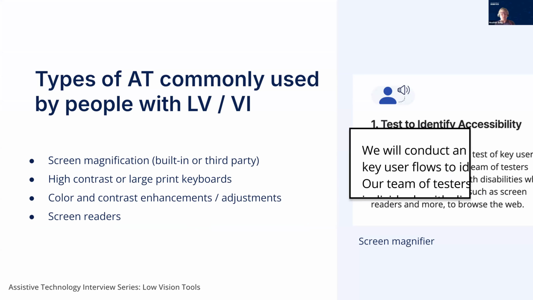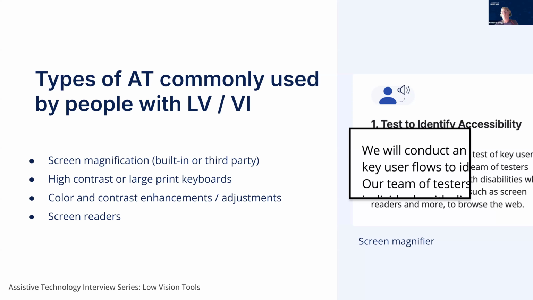You might have noticed within Chrome, there's some options to adjust the zoom. Or it can be a third-party software application, and one you may have heard of is ZoomText. That third-party application is probably the most robust, with the greatest number of features and customizations contained within it. But those are sort of the main categories of screen magnification.